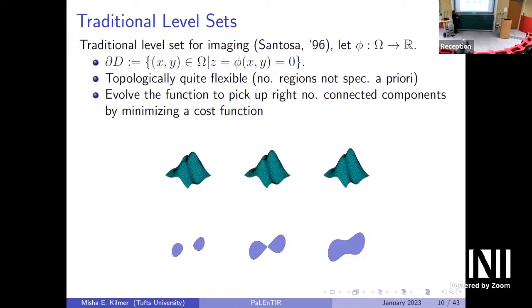A method for doing this kind of representation, at least in the context of imaging, was proposed by Santosa and others back in '96. This is the traditional level set approach, where you basically have some surface function. In trying to get 2D images, it would be a surface here.